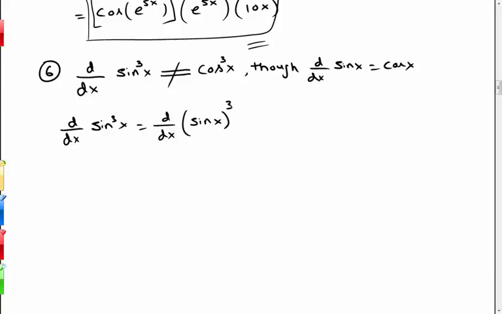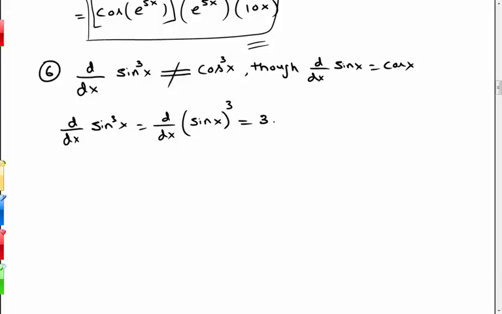So d dx of sine cube x is d dx of sine x the quantity cube. And now what does this look like? Would you agree that this looks like d dx of f of x raised to n, with f of x being sine x? There you go, that's the idea.